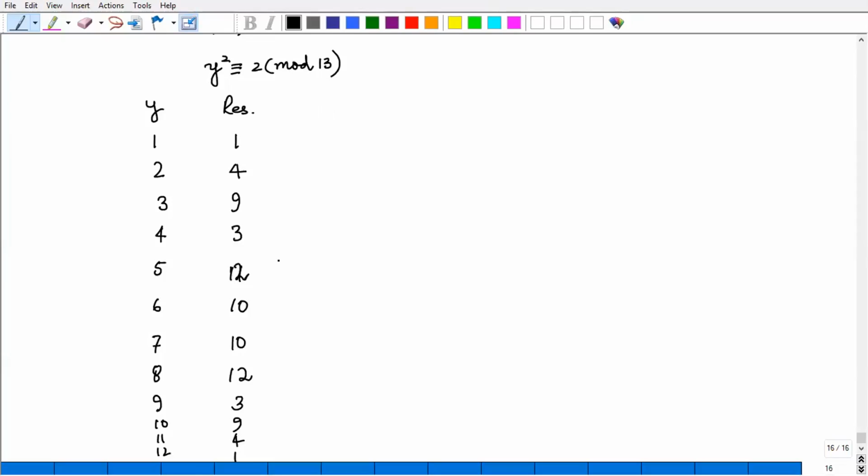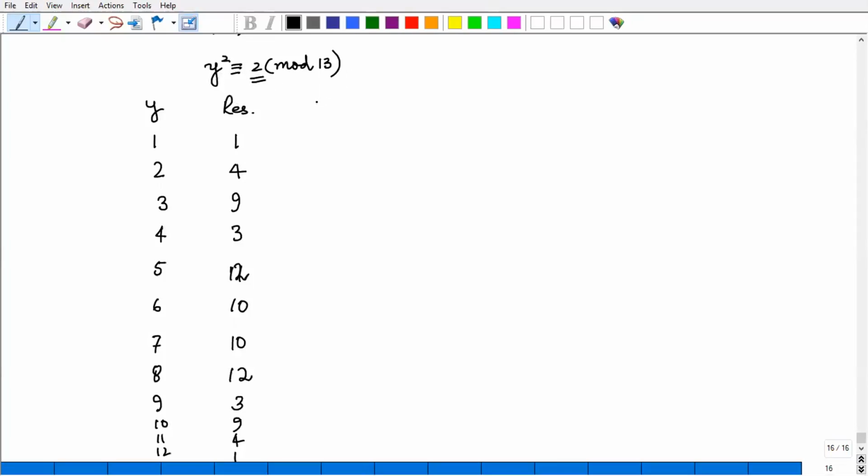So you can only put values from 0 to 12 for modulo 13, and none of the values gives residue equal to 2, but we need 2 here. So no value of y satisfies this congruence.